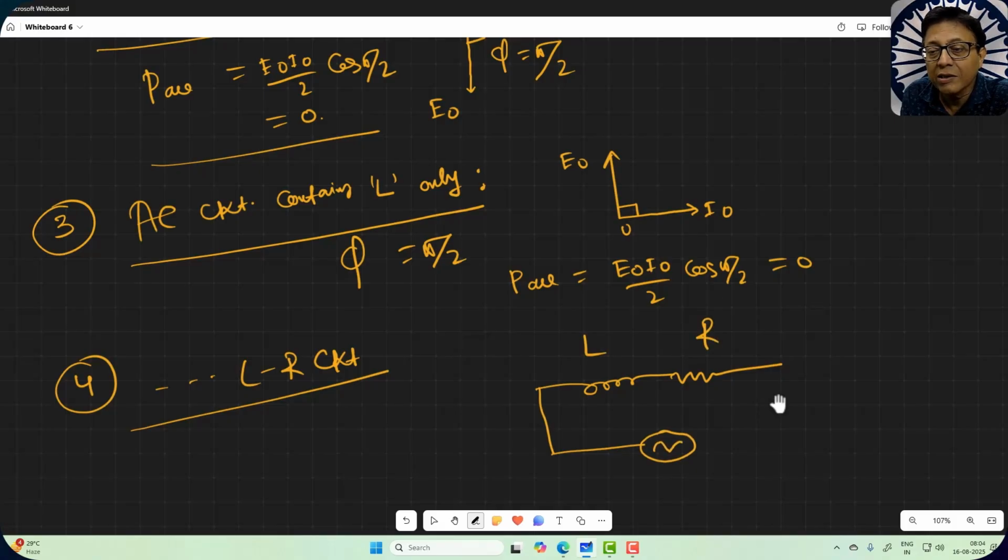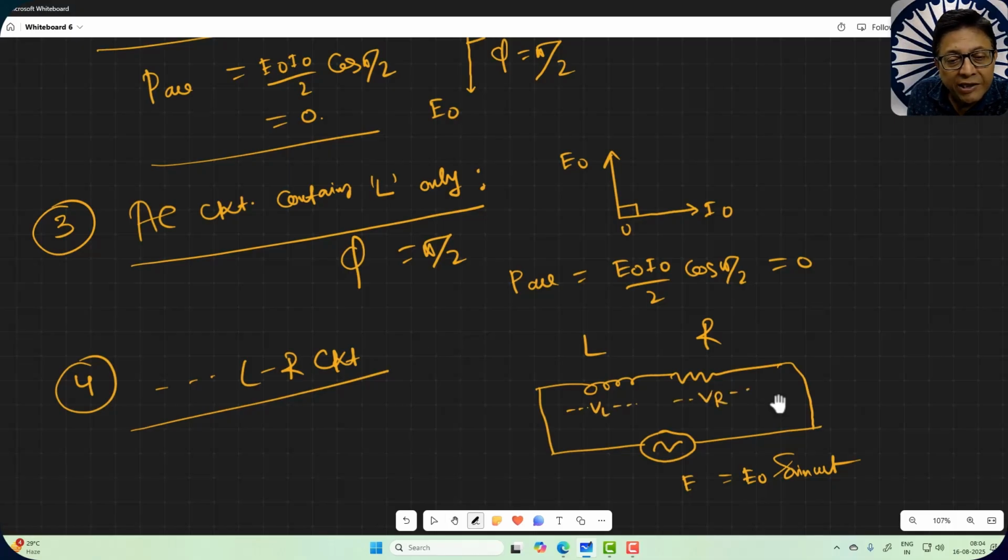This is L, this is R, E equal to E0 sin omega t, and then this is VL, this is VR. In phasor diagram, we take VR and I in the same direction and VL this manner.